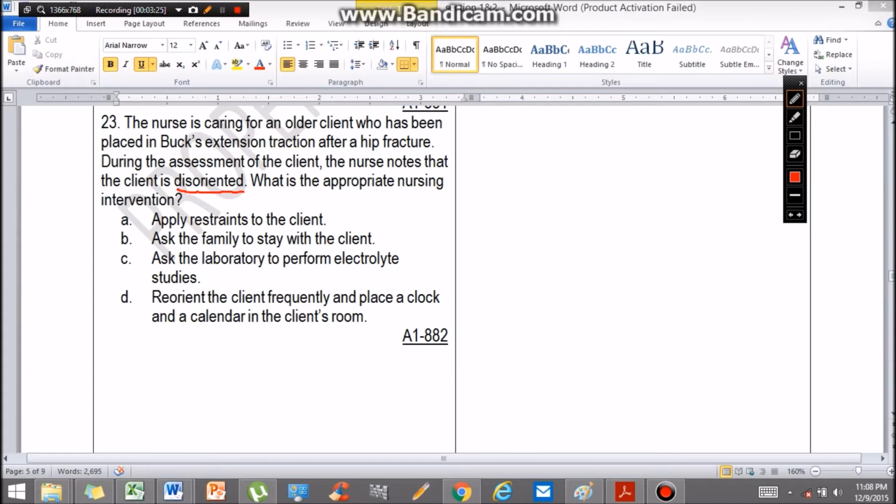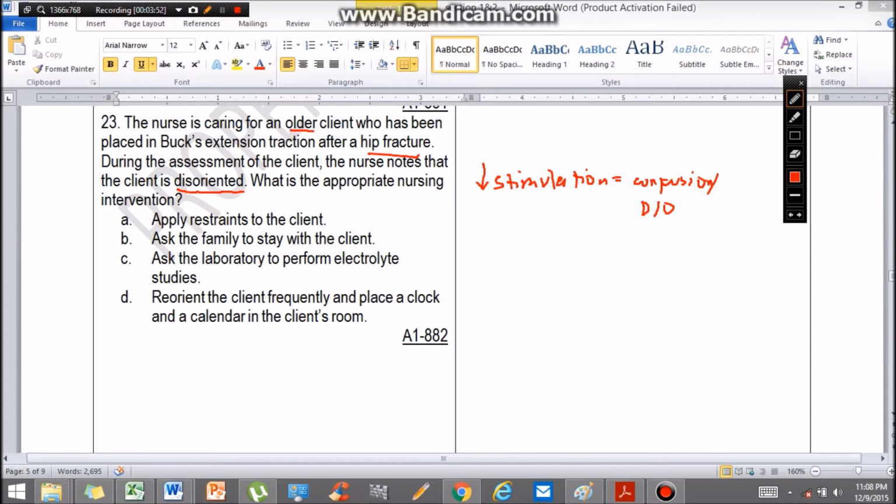Now, remember that, like I said, when there is decreased sensory stimulation, the client may develop confusion or disorientation. Now, you remember that your client is an older client with hip fracture, so we know that the client is immobilized, confined to the bed.